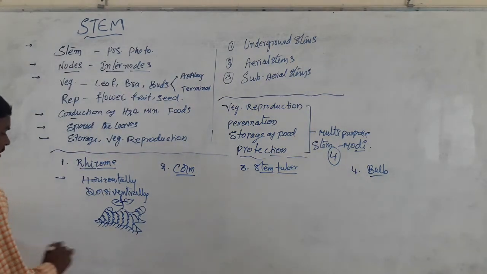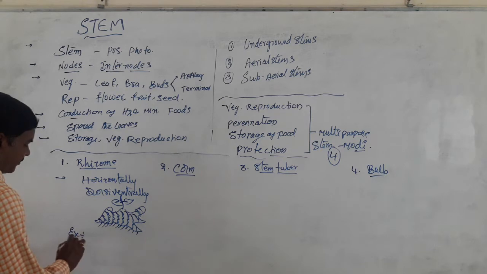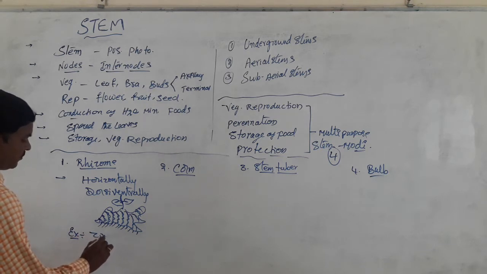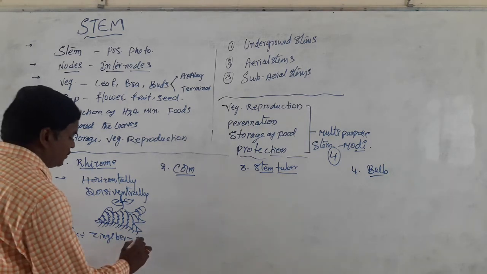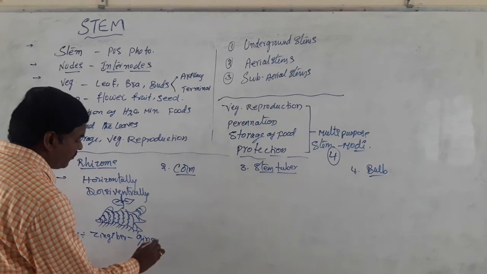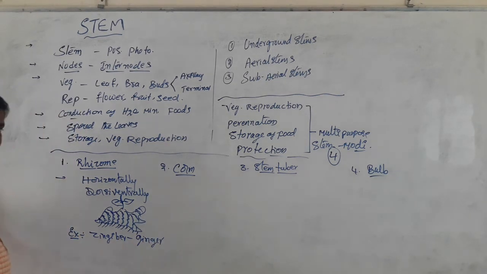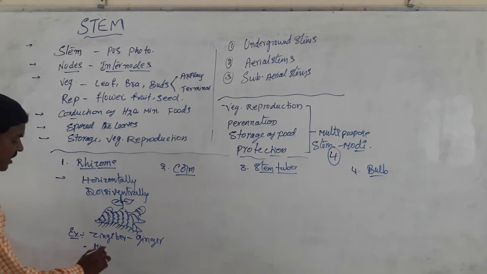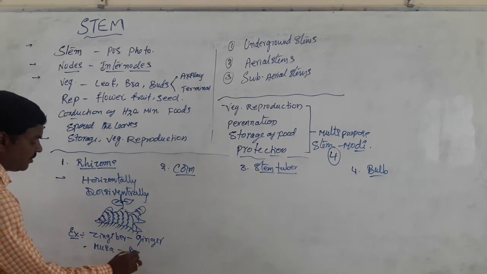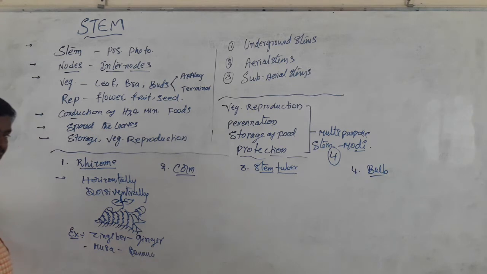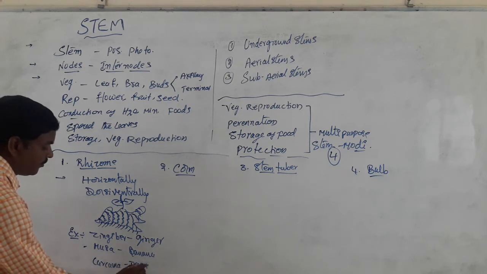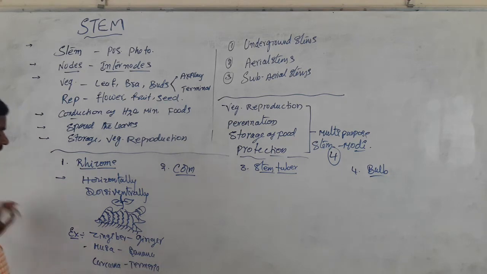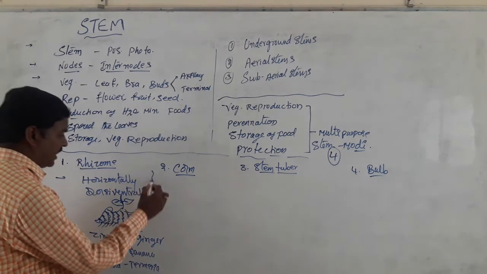The best examples for this are Gingiber, which means ginger, Musa, which means banana, and Curcuma, turmeric. These are the best examples for horizontally growing underground stem modification.